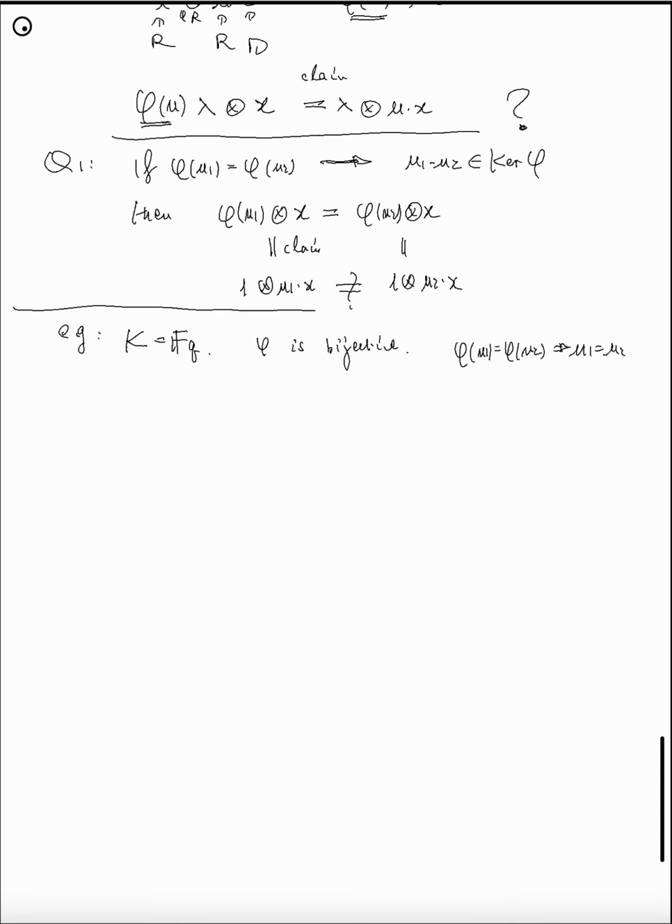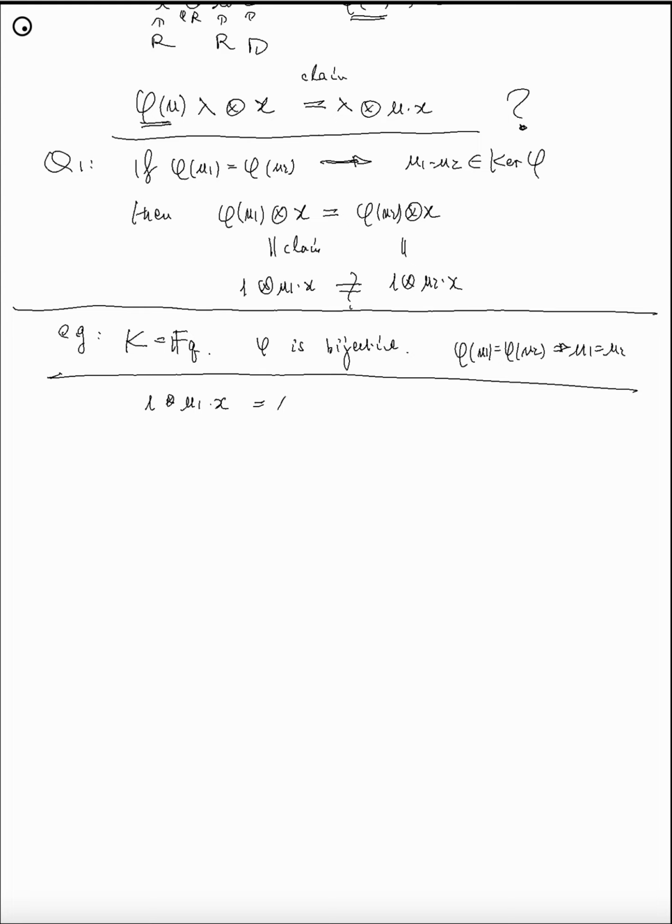And then one tensor mu1 of x equals one tensor mu2 plus something in the kernel of phi, let's say C, and then tensor x.